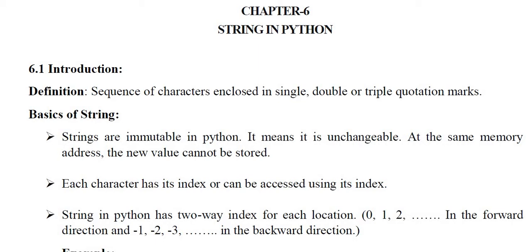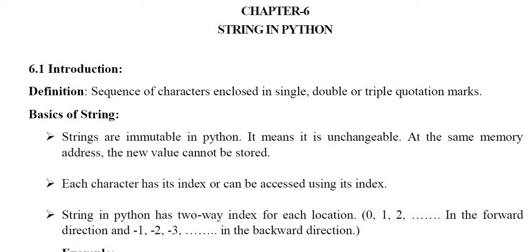If you store something in that data type and you want to change it later on, that is mutable. And what is immutable? A string is immutable. Whatever you stored in the string data type, you cannot change. So immutable is unchangeable and mutable is changeable.